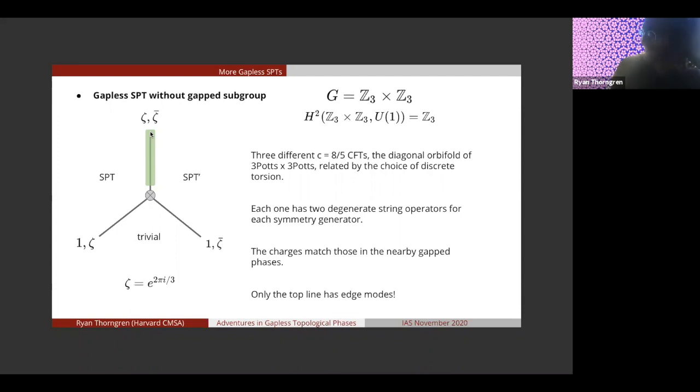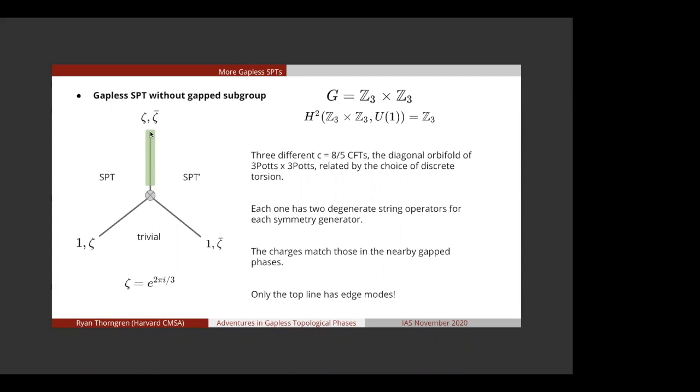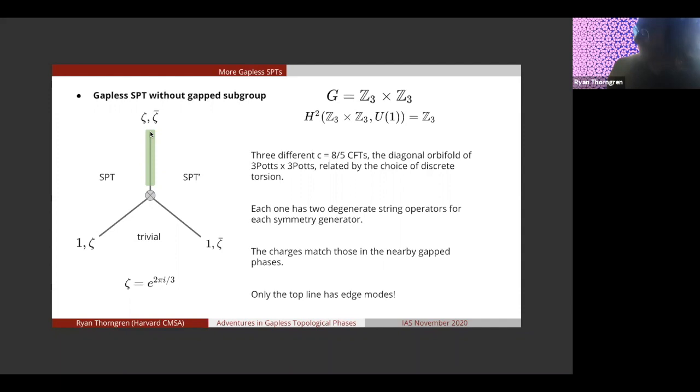It's unclear what the mathematical structure is in these kinds of systems because we don't have this projective symmetry interpretation. Actually, I misspoke earlier. Here, because all of the symmetries are gapless, there's no correlation length in any sector along this line.